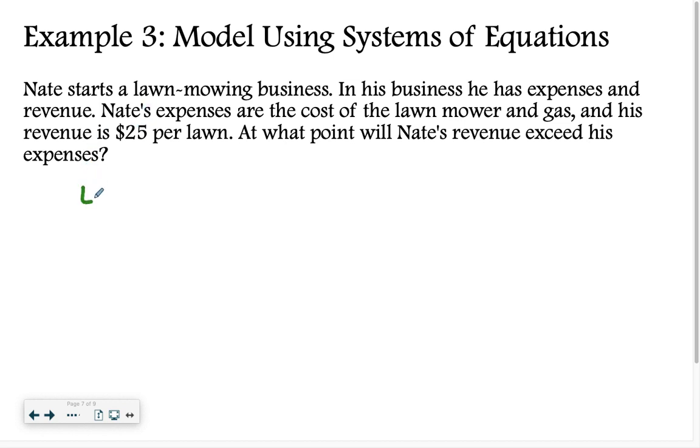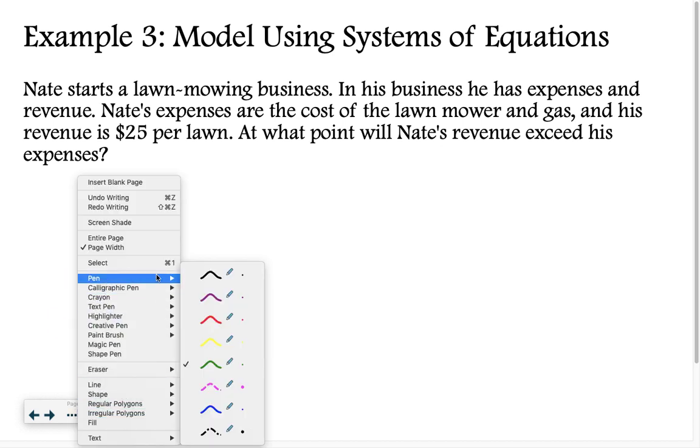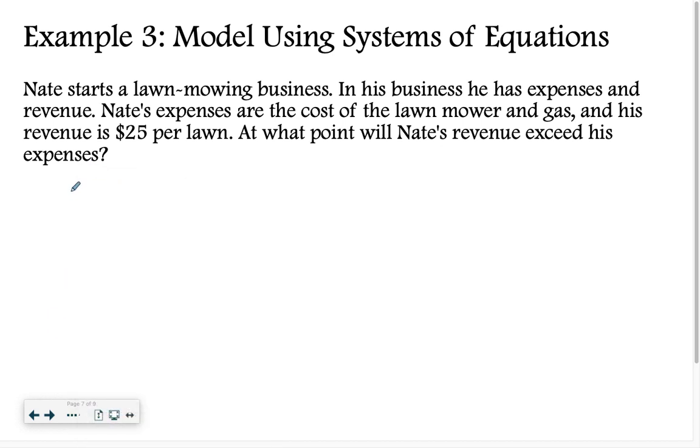They talked about the expenses, which actually, I'm going to be smart. I'm going to write that with kind of that red color. So expenses. All right, expenses is how much he has to pay, right? And we don't know how much the lawnmower and the gas are.